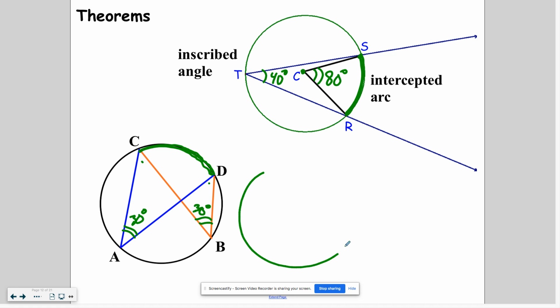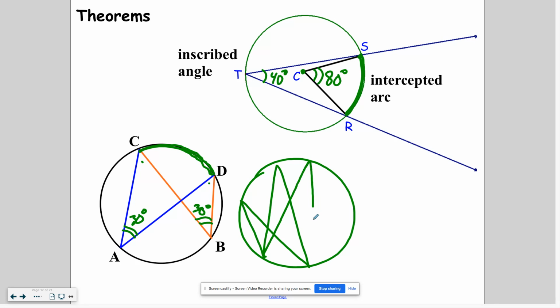But this gets back to the whole idea that it doesn't matter where you put your inscribed angle, as long as it started at the same arc. Let me get a different color. As long as it started with the same arc, then these angles will all be the same.